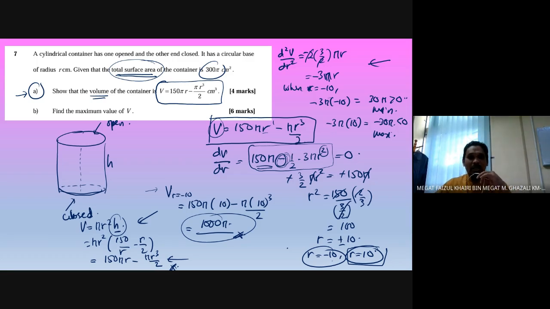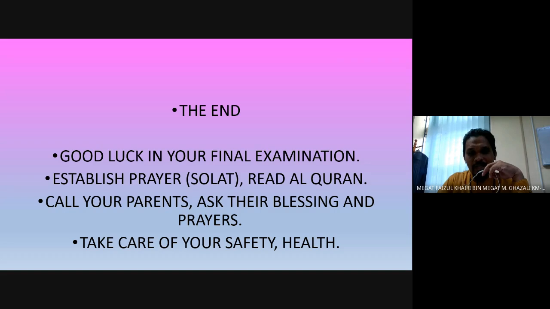Okay, class, this is the end of the solution for the PSPM from Kolej Matrikulasi Kedah, and that is also the end of our session for this morning. So I do wish all of you good luck in your preparation and your final.